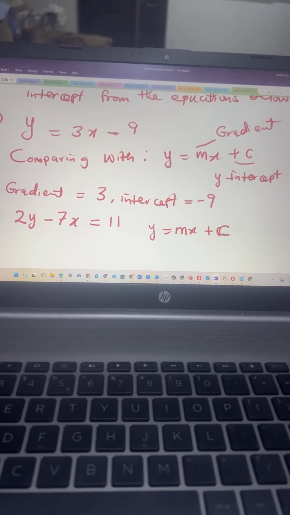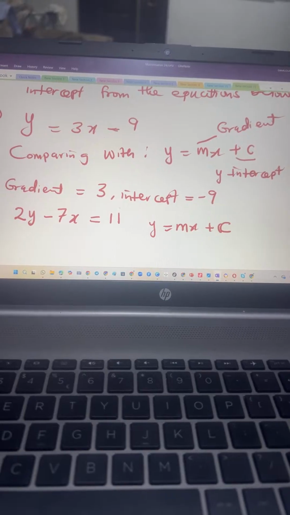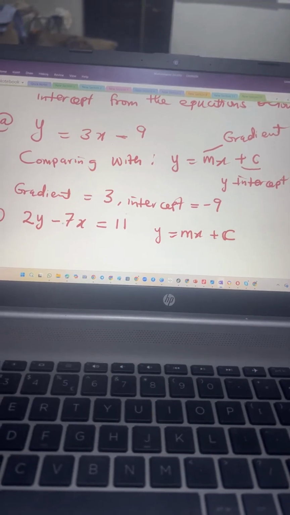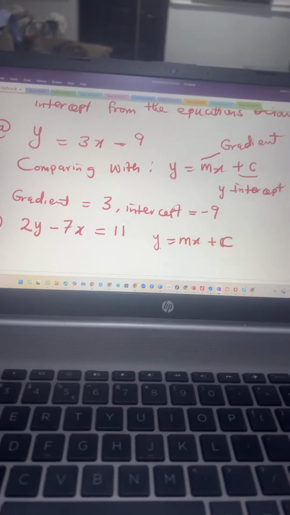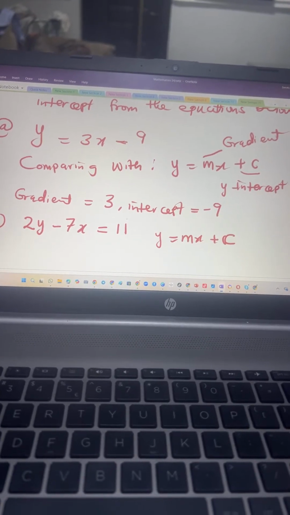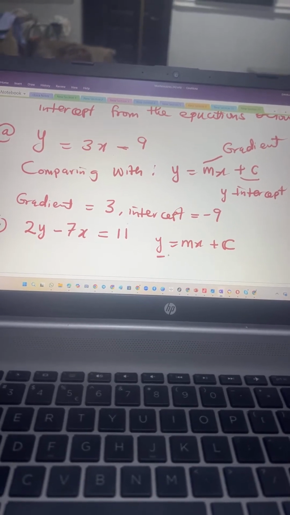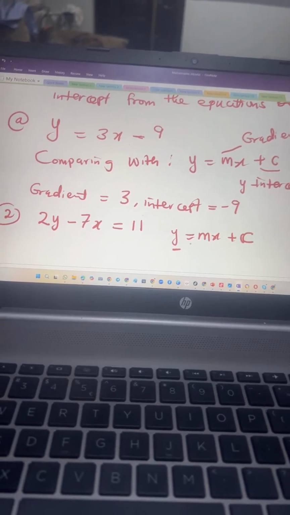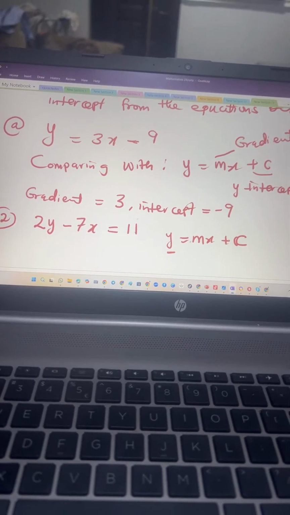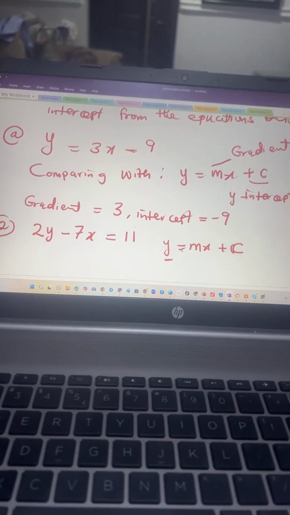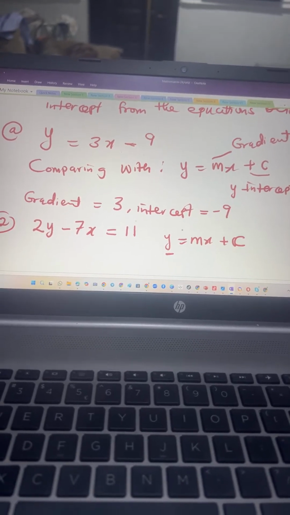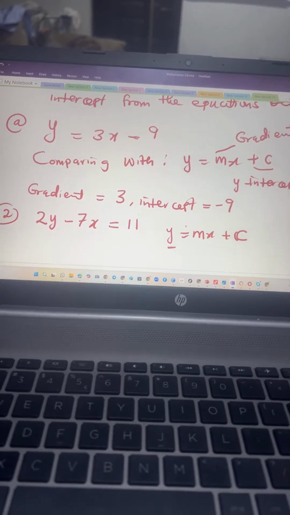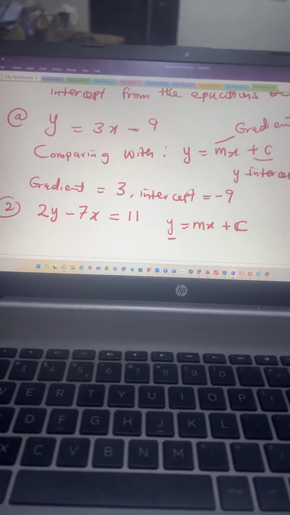You need to rearrange it so that y will be on the left hand side. That is all. It is after you rearrange it that you can identify the gradient and also the y-intercept. Are you with me?